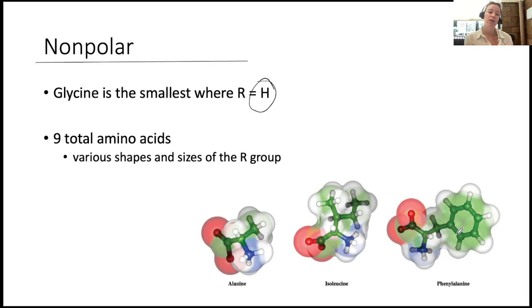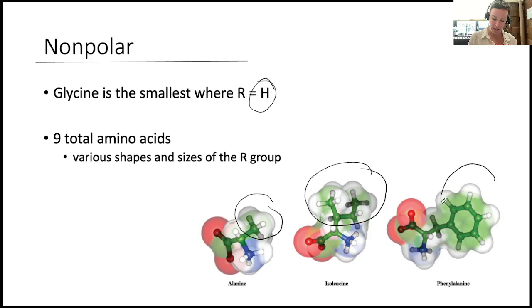But what I want you to take a look at, and this is made more clear through the electron density diagrams that you can see here, is that these R groups are non-polar. You can see how this alanine, how the isoleucine, the benzene and phenylalanine, how these are all kind of green in the electron density diagram.